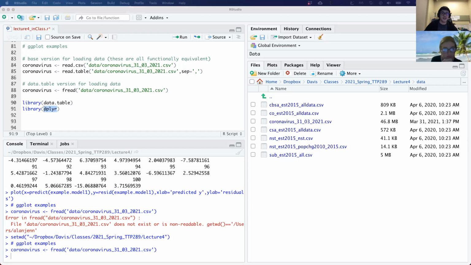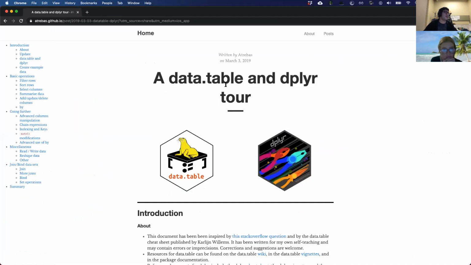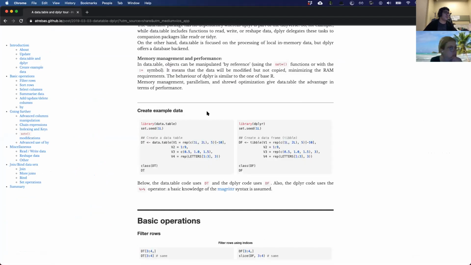This is a handy tutorial if you want to learn about data tables or dplyr. On the left-hand side, they do some examples in data table, and then on the right-hand side, they do the exact same examples in dplyr.